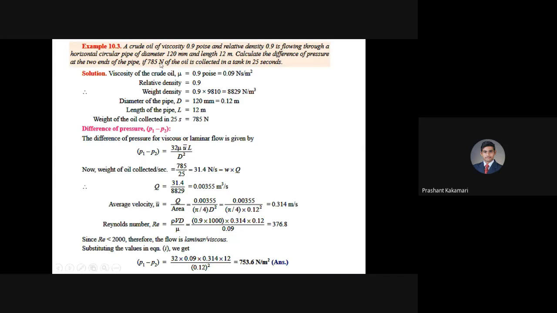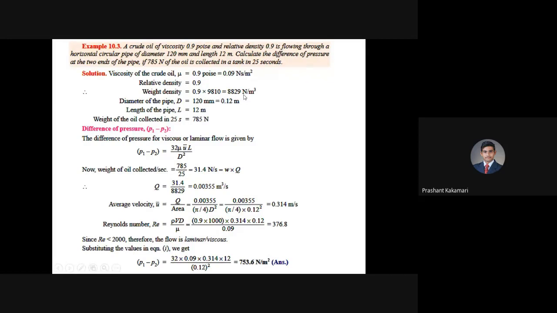But here in this problem, weight is given. Now you can just focus, anything related to weight in the problem. That is, we found out weight density as Newton per meter cube. Now 1 Newton here and 1 Newton in this 785. If I multiply or divide these two values, I can cancel this Newton.